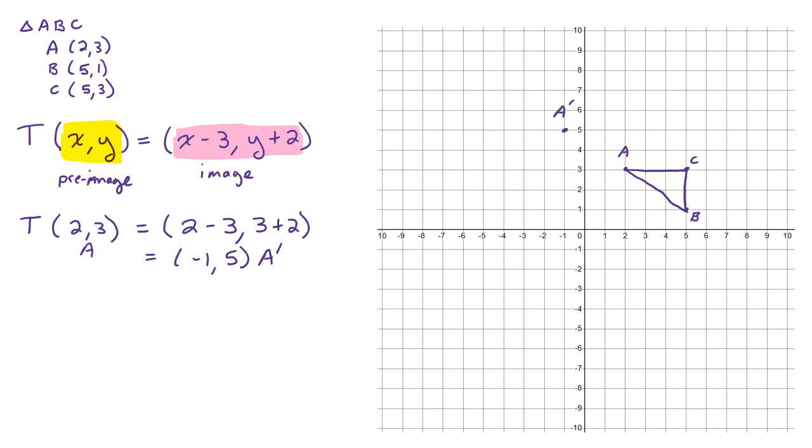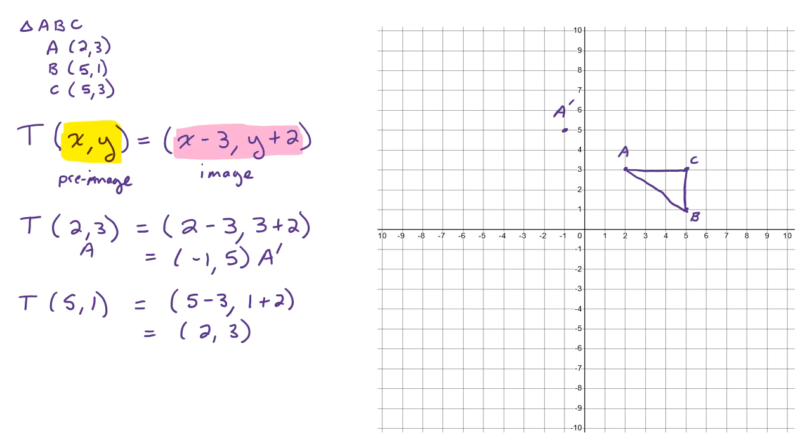All right, let's do the same for B and C. So the transformation of the point (5, 1). I'm following this formula: x minus 3, 5 minus 3, y plus 2, 1 plus 2, and I get the point (2, 3). All right, so (2, 3). Well, that's kind of weird.